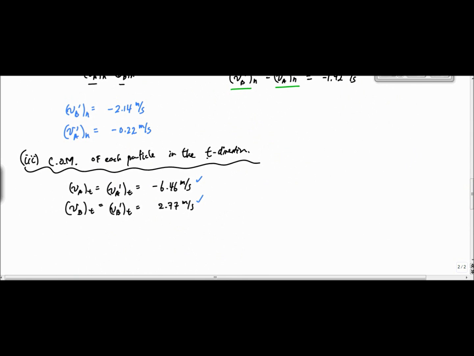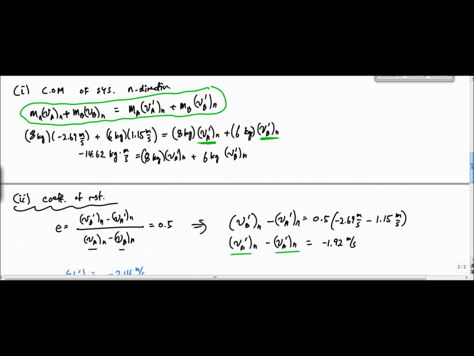Combining the vectors and getting the magnitude of the total vector. So the speed of the particle after impact, VA prime, is equal to the square root of VA prime of t squared plus VA prime of n squared. This is the very popular square root of sum of squares, and you as an engineer are stars, so there's no issue.